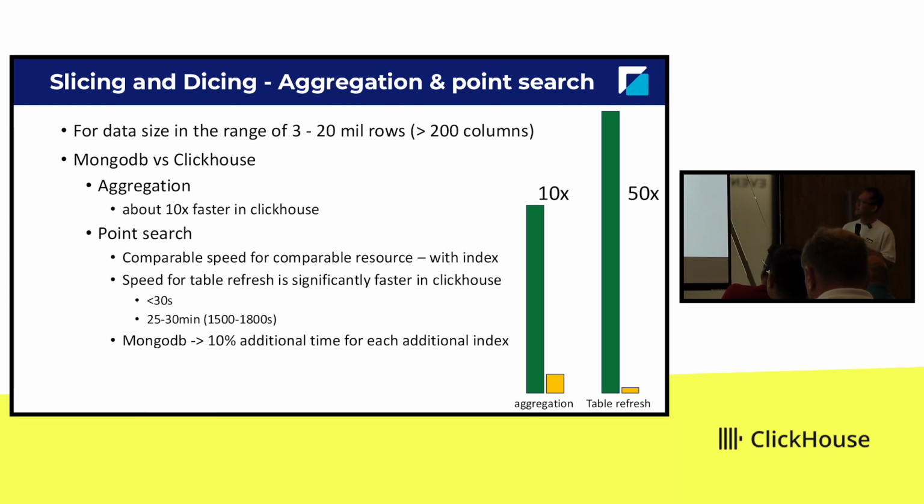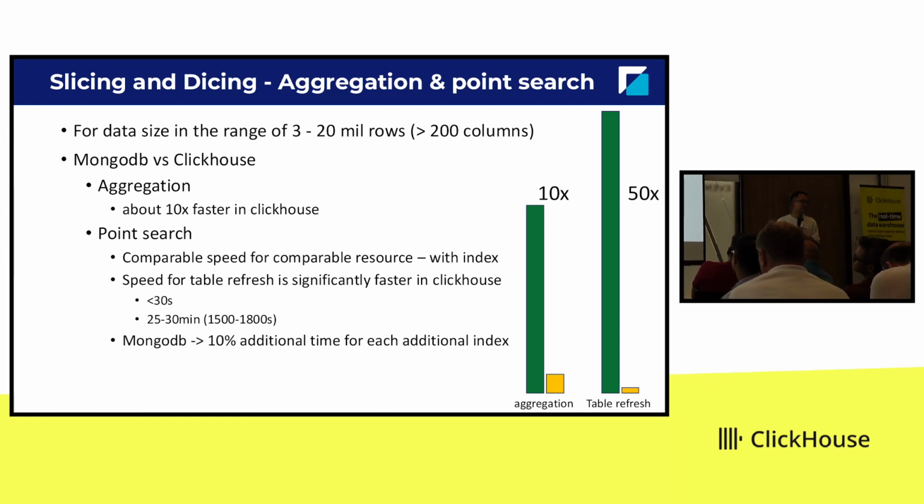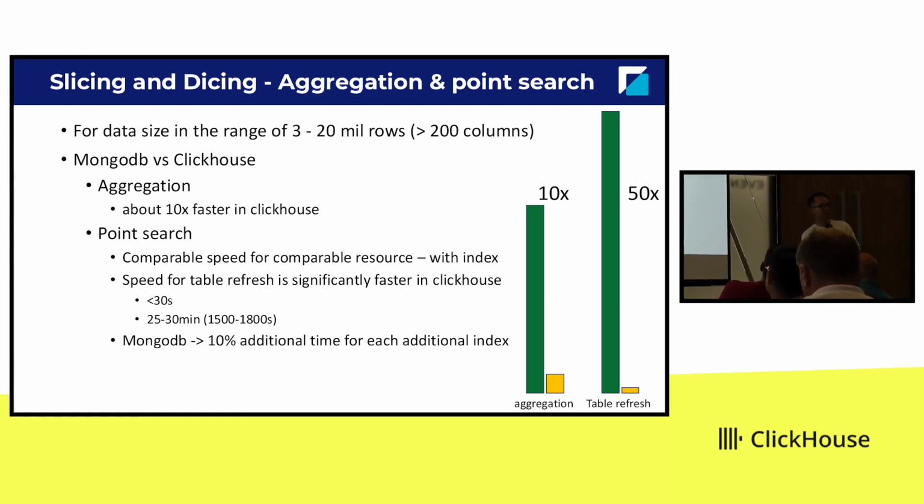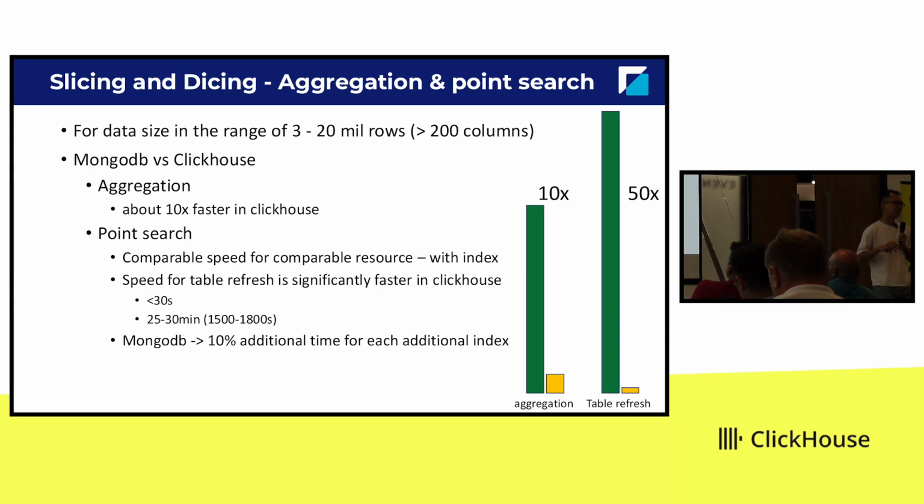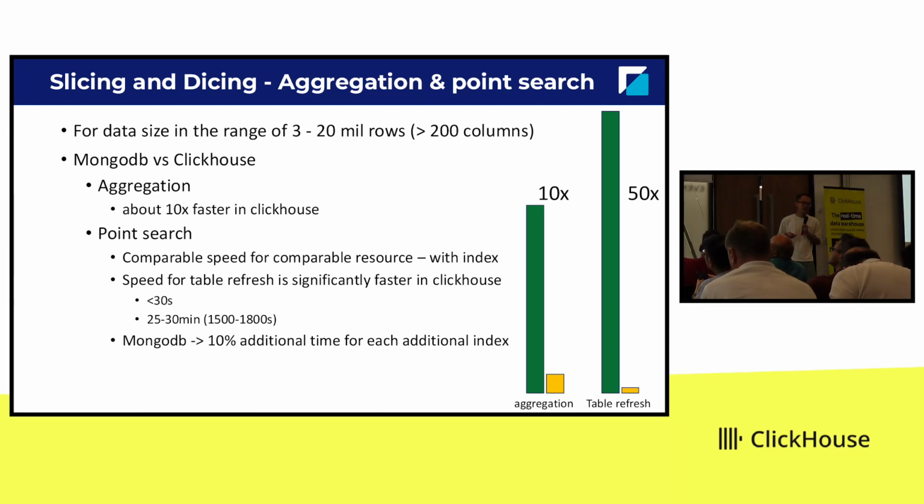Back then we were using MongoDB, and we tested the aggregation with ClickHouse, which was in fact 10 times faster. No joke, 10 times faster. But the most surprising part is the table refresh, which is close to 50 times faster. After all the fine-tuning for MongoDB that brought it up to production level, the refresh became not reasonable.